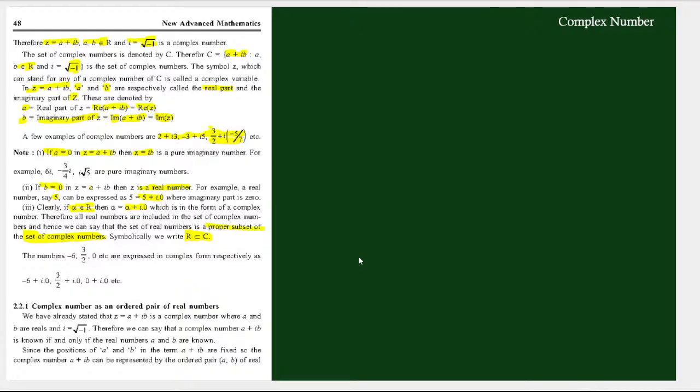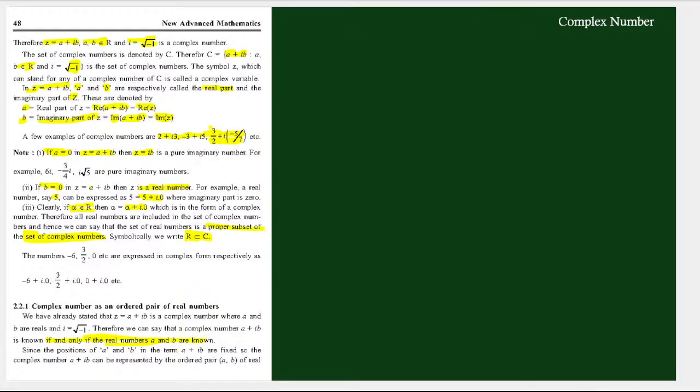Now the ordered pair. Because we have got a and b, we can also write them as an ordered pair. So we have already said that z equal to a plus ib is a complex number where a and b are real, where i is this one. So therefore we can say that the complex number a plus ib is known if and only if the real numbers a, b are known. If a and b are not real, then we cannot say.